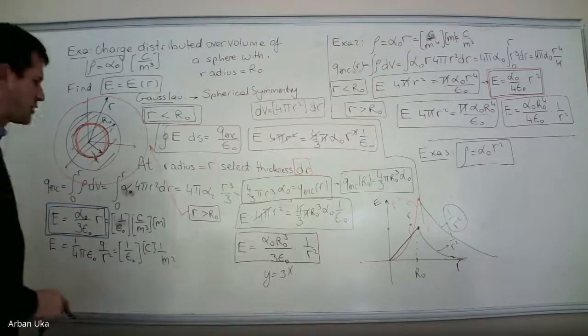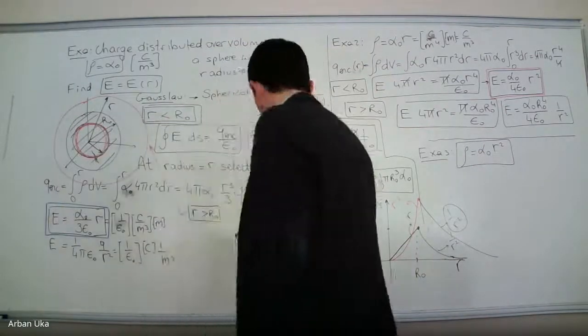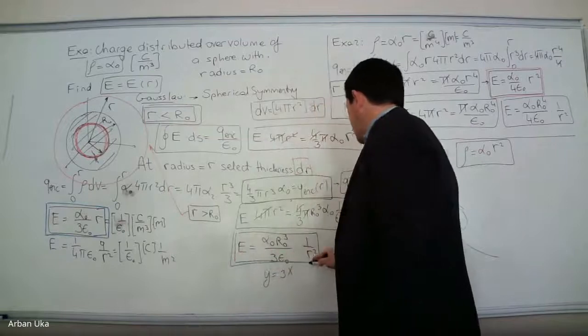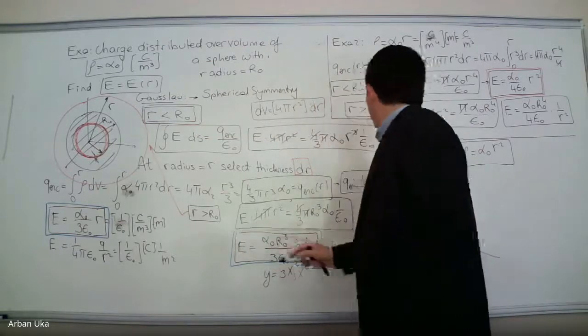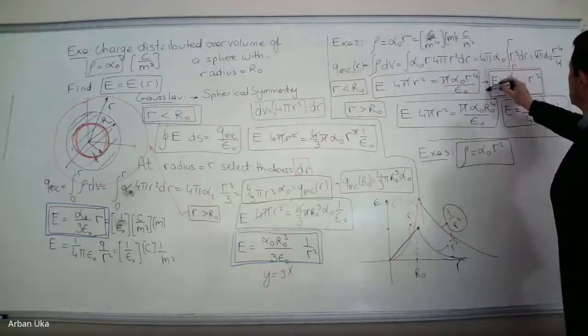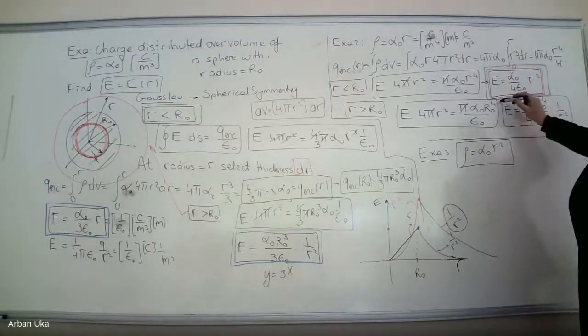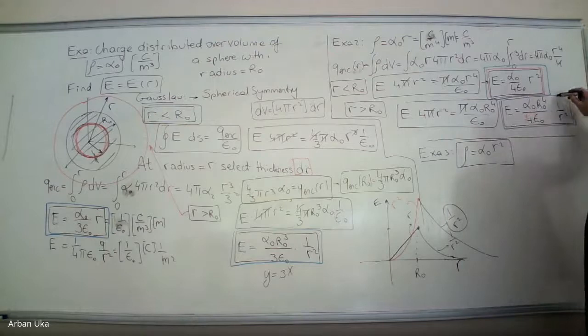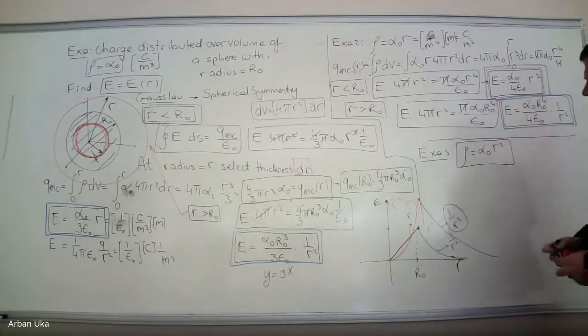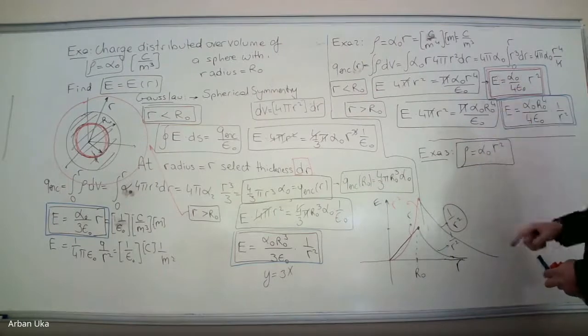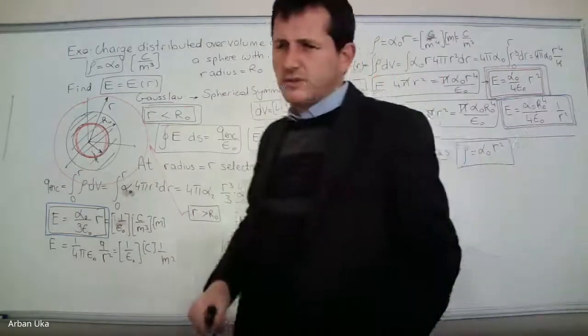Okay, when R was smaller than R0, then we have this. Then this one here, and this one here. Now for this average charge density, you might expect different expressions as a function of R.